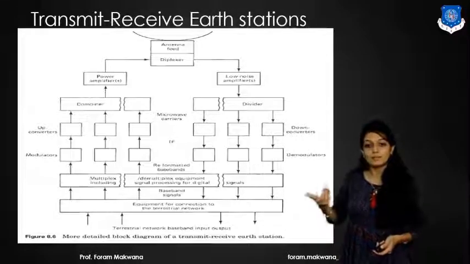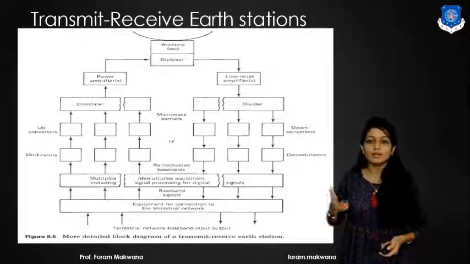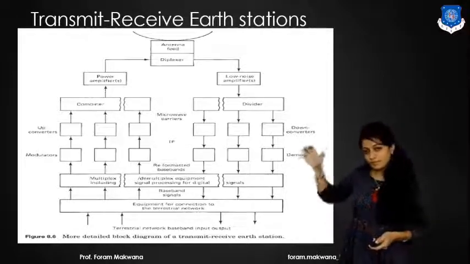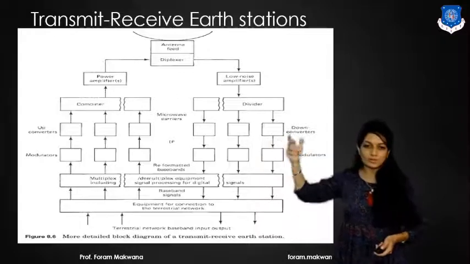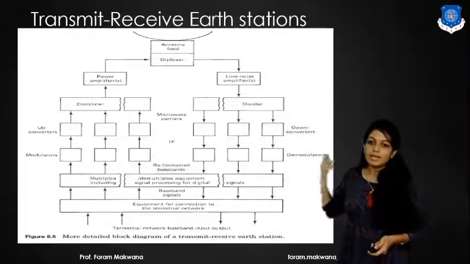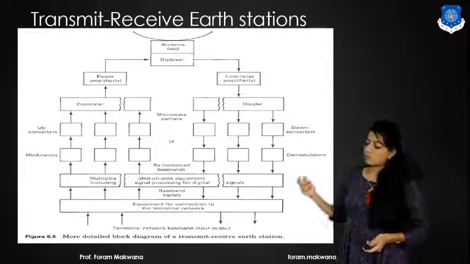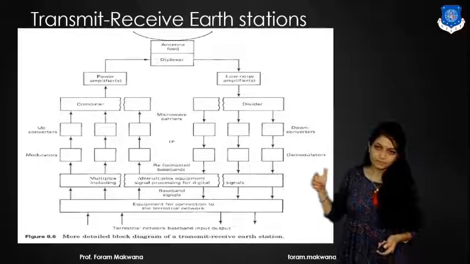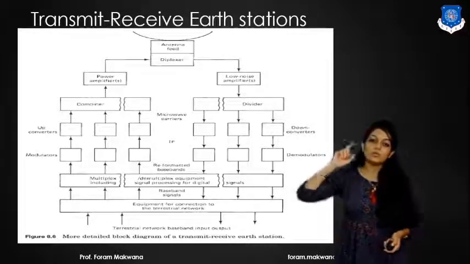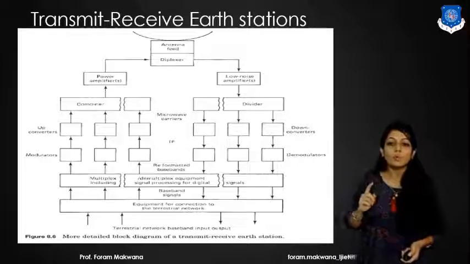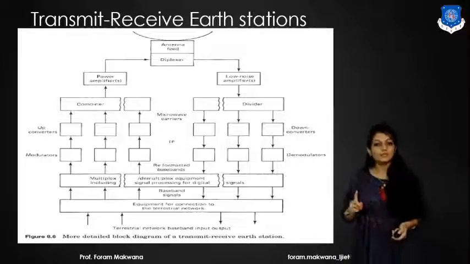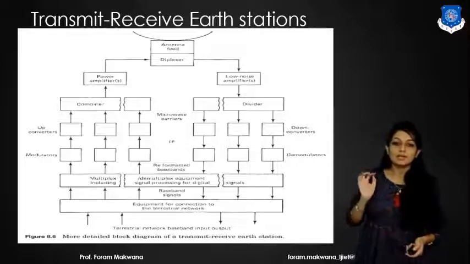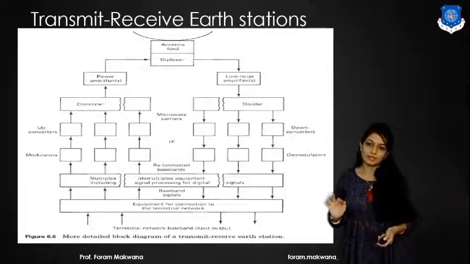But if there are multiple channels, multiple users, then we need to connect more up converters at the transmitting side and more down converters at the receiving side. But the only thing is we require one antenna that is used as both the transmitting antenna and the receiving antenna.